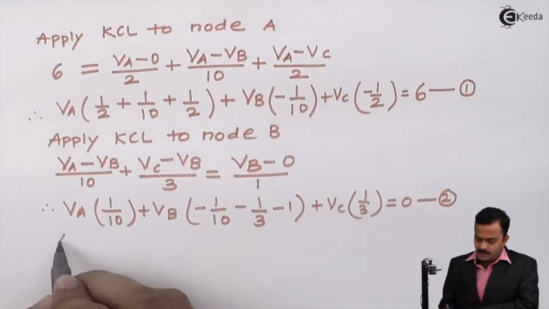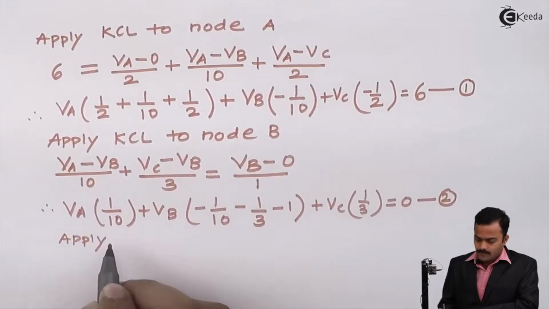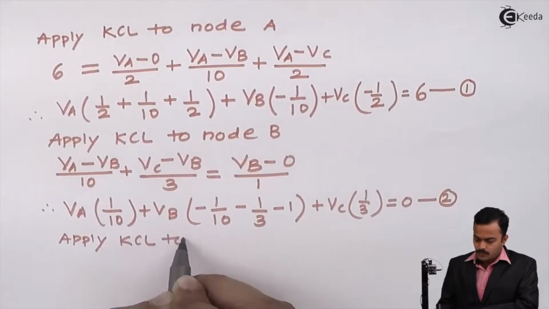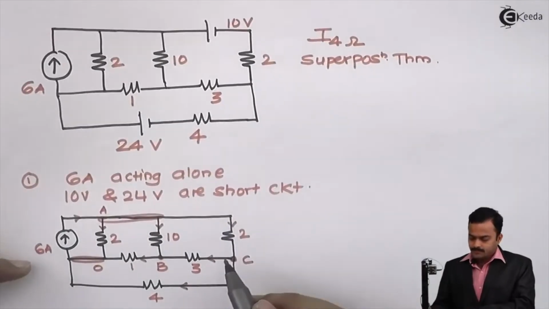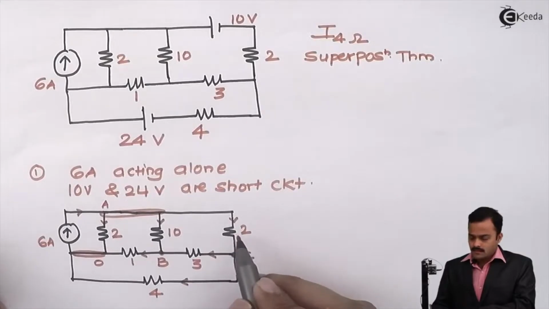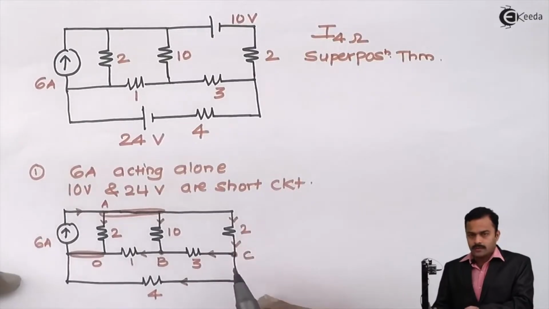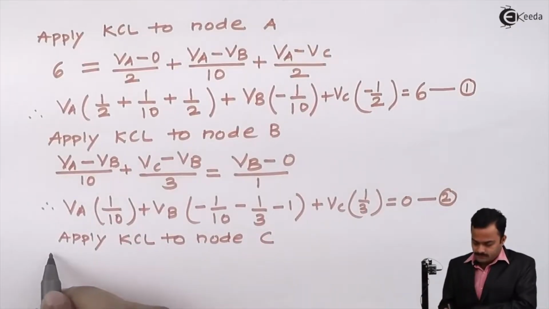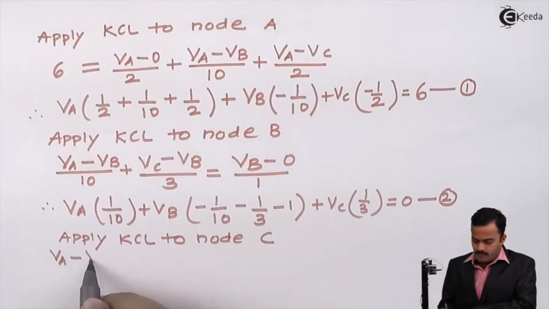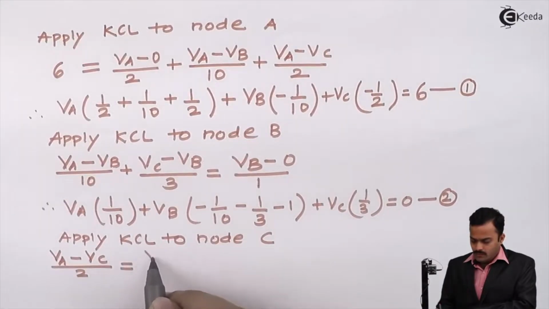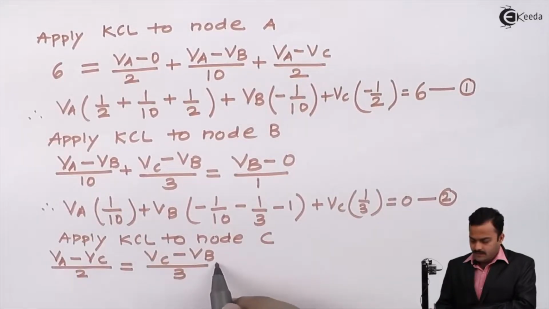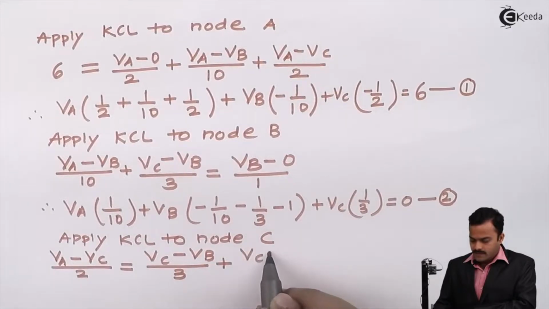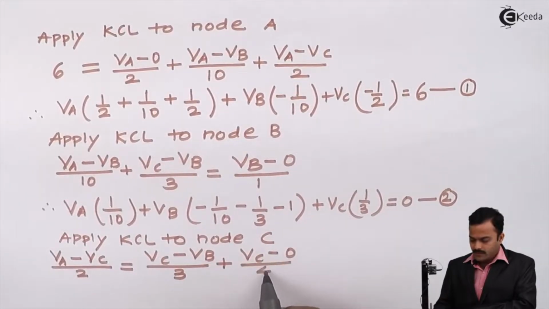Same way, I can apply KCL to node C. Node C, again there are 3 branches, 1 is incoming, 2 are outgoing. So equation will be (VA minus VC)/2 equal to (VC minus VB)/3 plus (VC minus 0)/4.